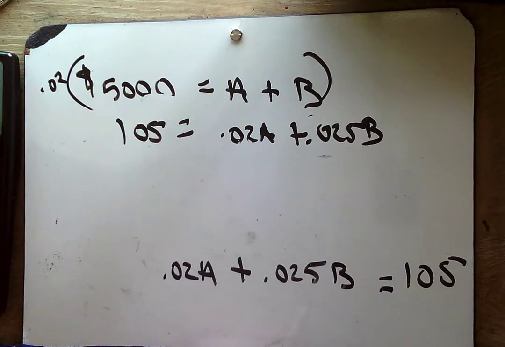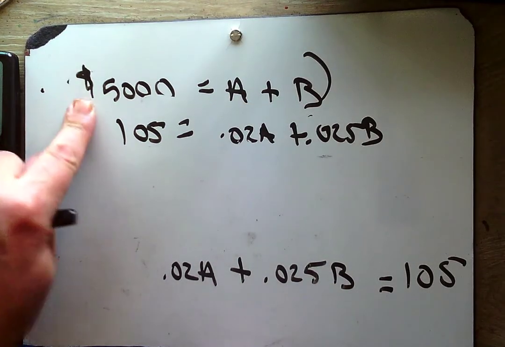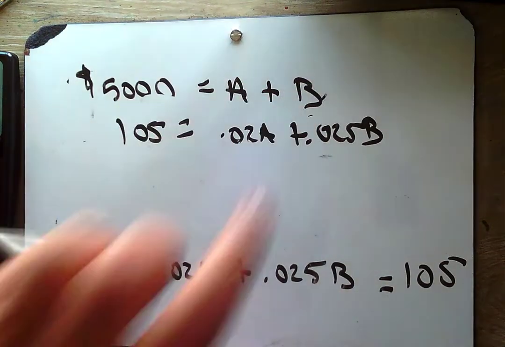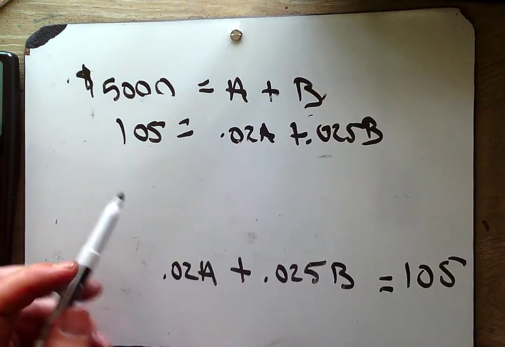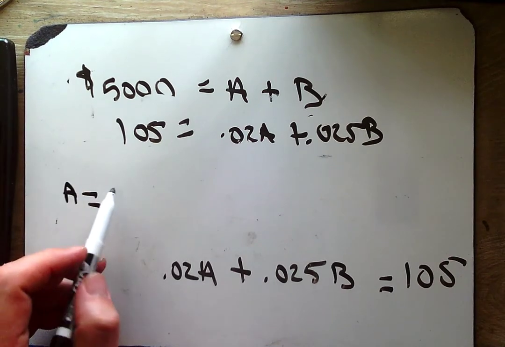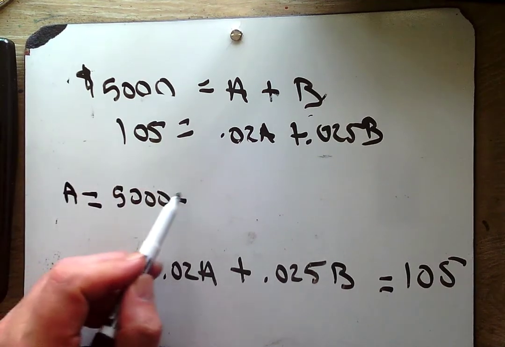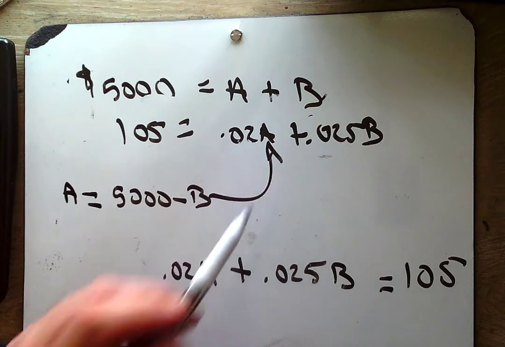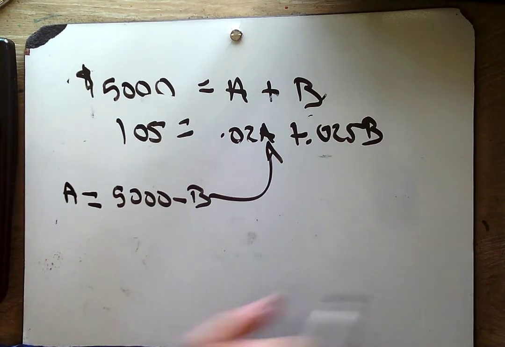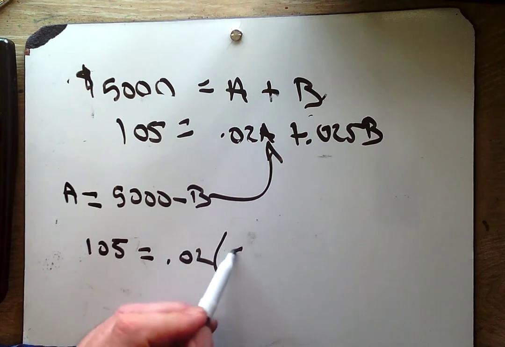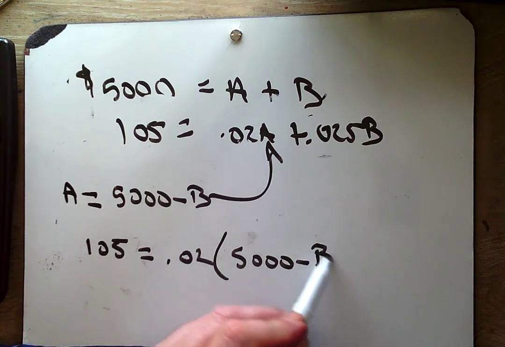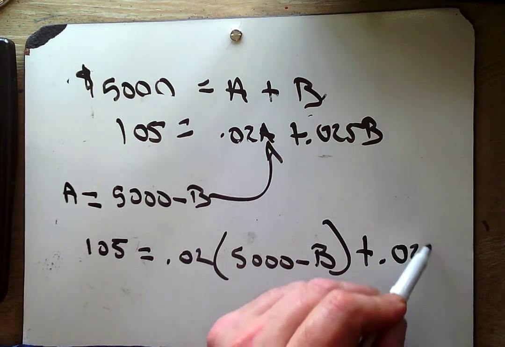But a lot of students aren't actually comfortable doing that and would prefer to solve one of the equations for one of the variables. So I can say that A equals 5,000 minus B, and I can plug that in there. So I'm going to have 105 equals 0.02 times (5,000 minus B) plus 0.025B.